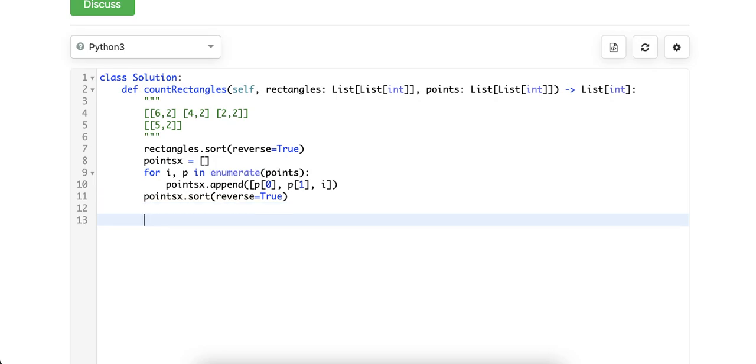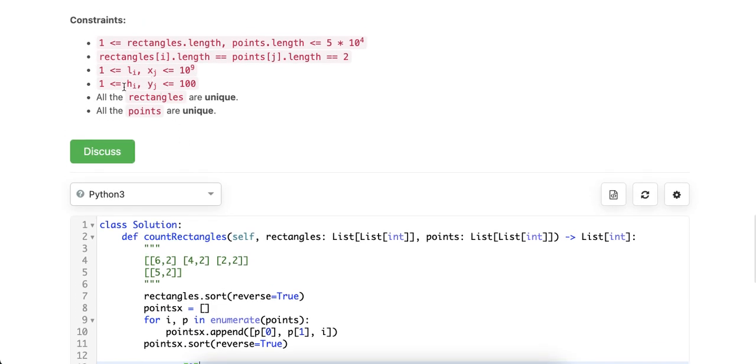Now we already prepared everything. How about what to check? Remember just now we will pre-calculate everything, and that will be a normal list. This is where we leverage this constraint that the y can only be 100. So remember just now the idea is to pre-calculate everything within y for each point that is up to x.